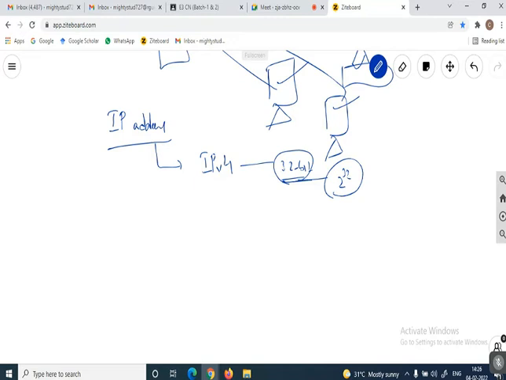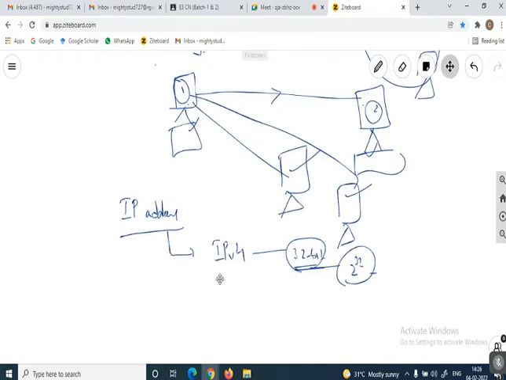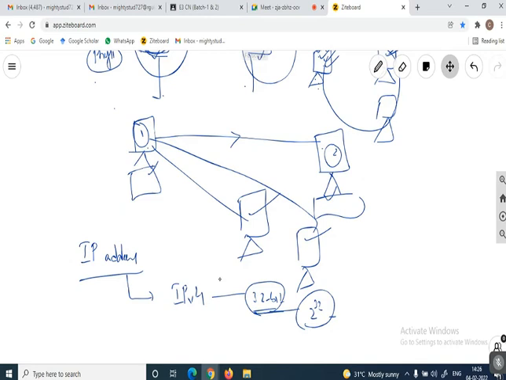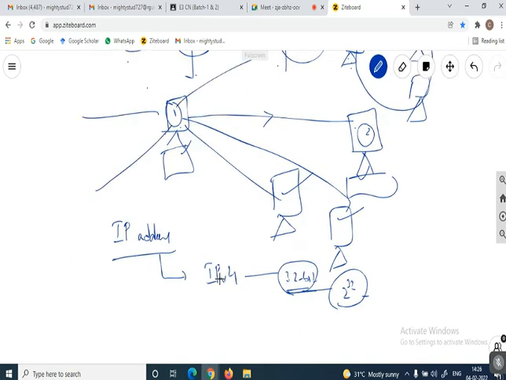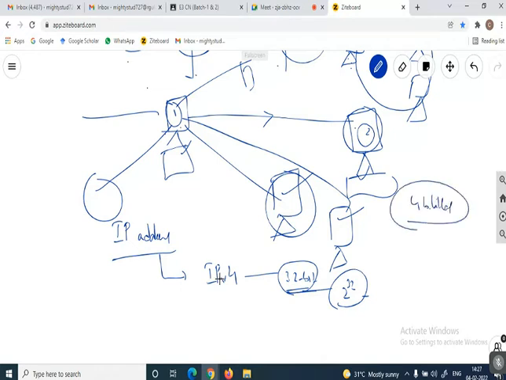That means 2 power 32 computer systems may communicate, each having one IP address, another having another IP address, like that. So we can connect almost 4 billion devices, 4 billion computer systems.